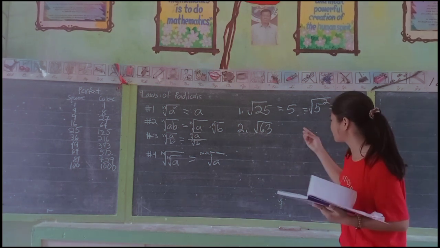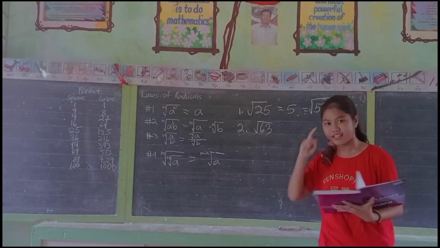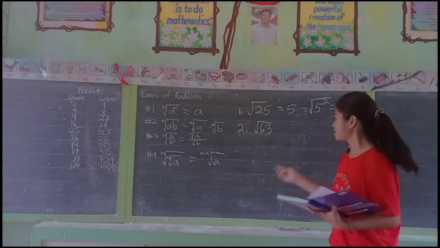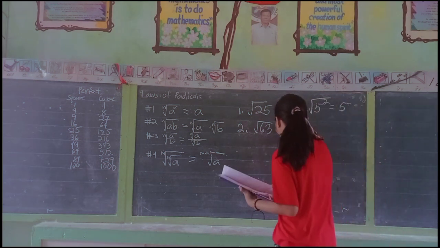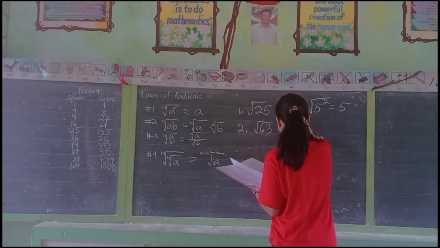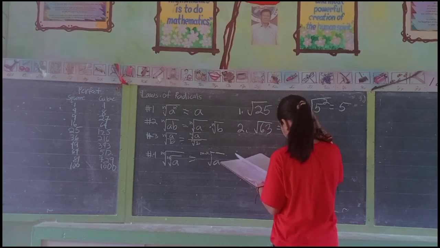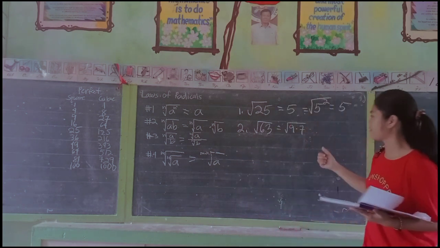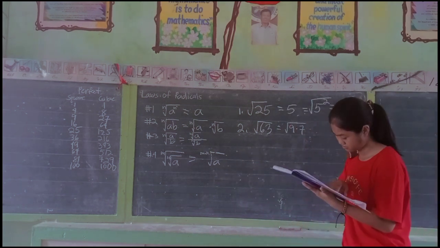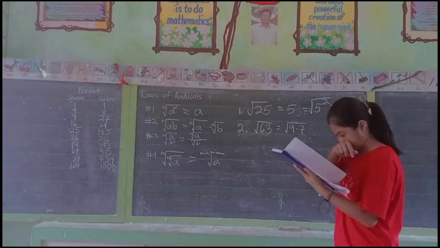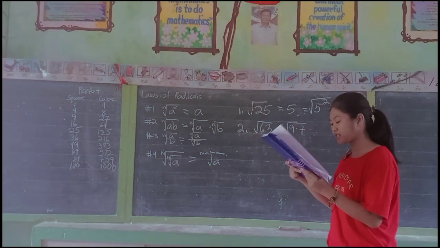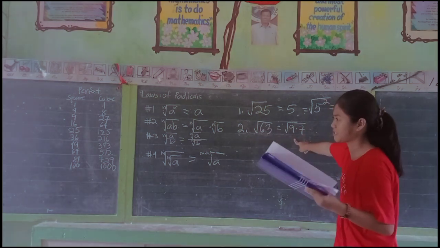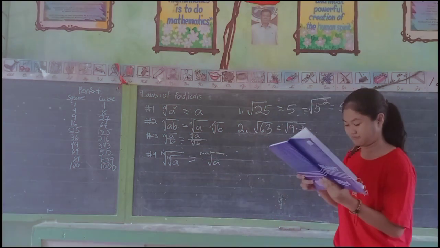We need to think of two numbers that multiply to 63. So we have the square root of 9 times 7, because 9 times 7 equals 63. Here, 9 is a perfect square.